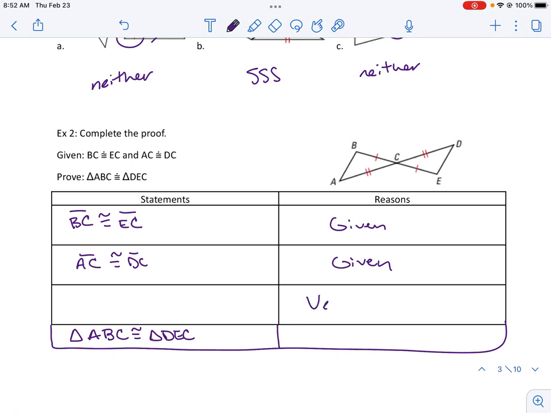So looking at this, we already know vertical angle theorem. Well, my vertical angles are here and here. Now remember, we just got done doing this, talking about the lettering. The lettering does matter for your angles here.